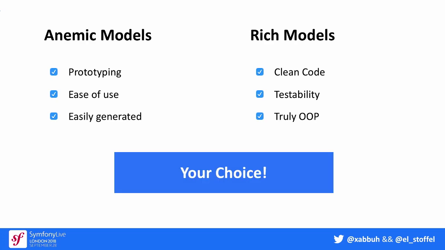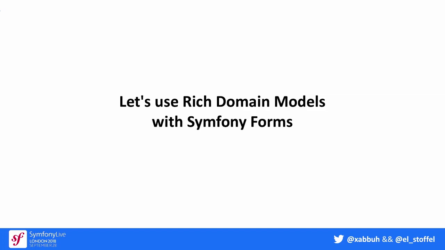And it's up to you. We want to show you how to use rich domain models. We don't want to lecture you to use them. They are one option, and there is another option as well, so that's why we're pointing out the difference.